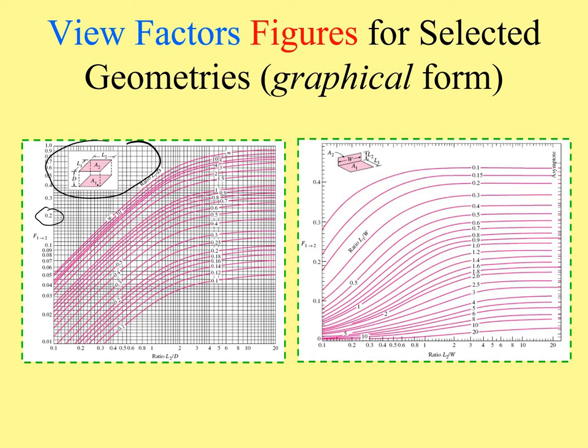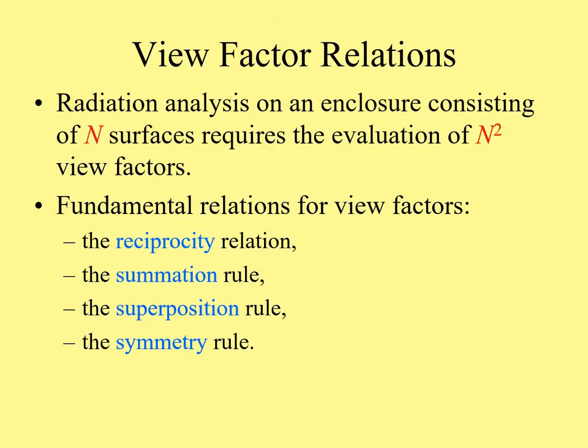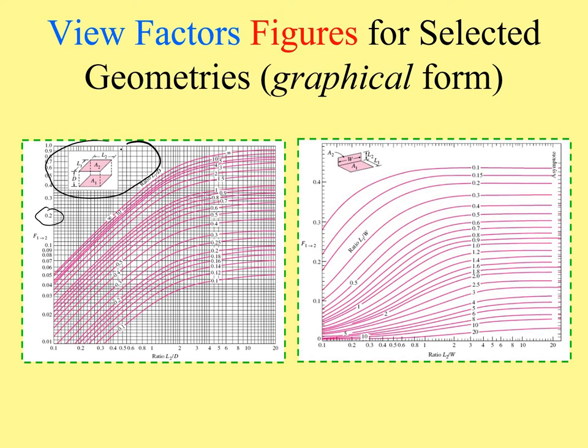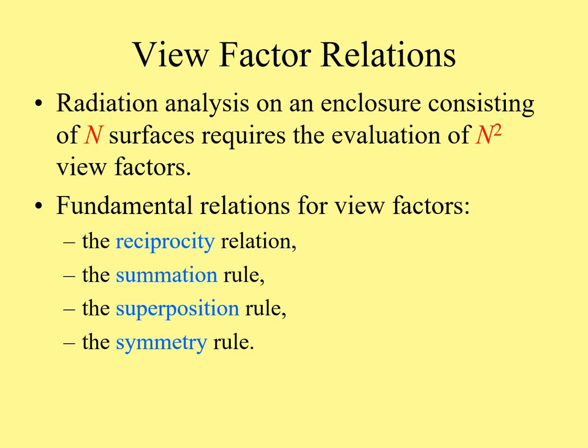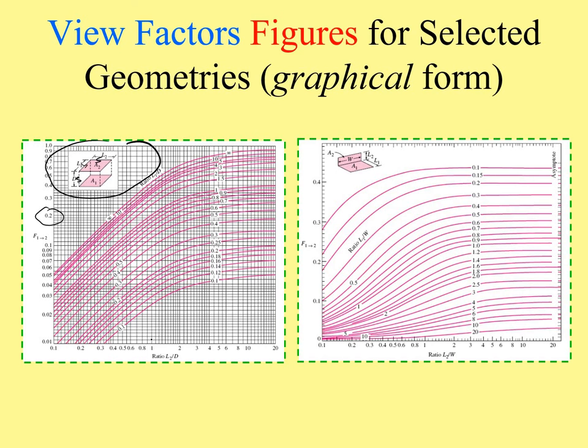You need to use the information given, which is 5 meters here, 5 meters here, and also 5 meters here. So 5 over 5, you will get 1 for L2 over D. Try to use your ruler, draw a line and find the intersection. So definitely you can get 0.2.